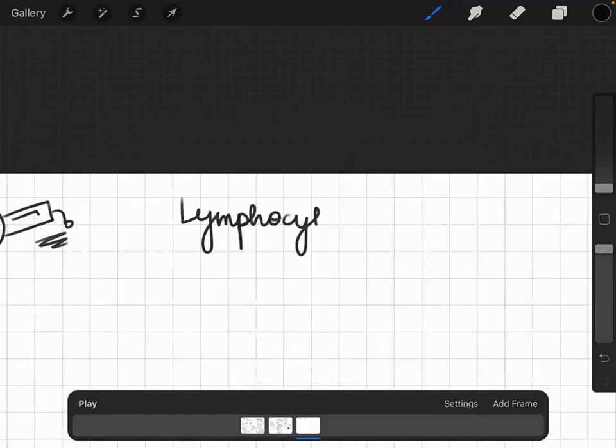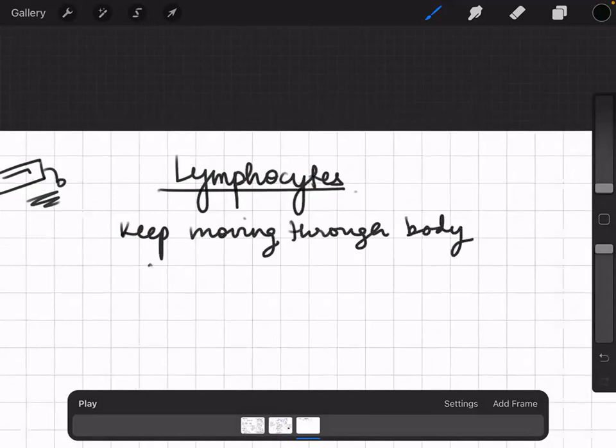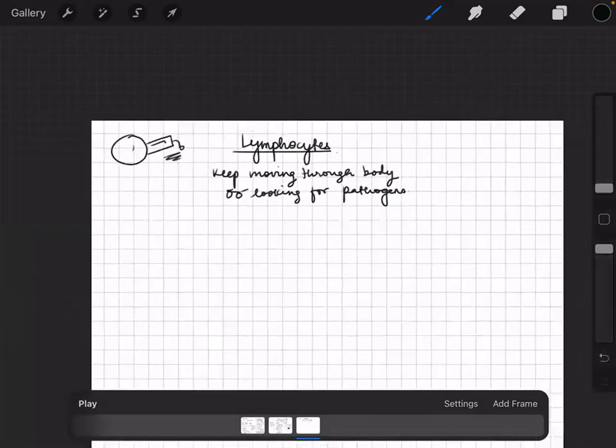Okay, so lymphocytes are the cells that keep moving through the body looking for pathogens. That is the only work these cells keep on doing.